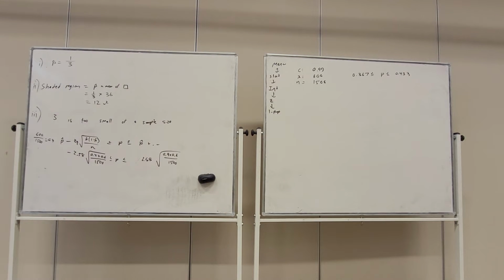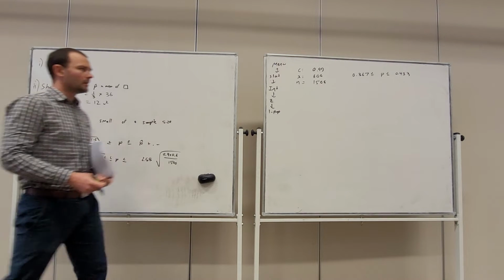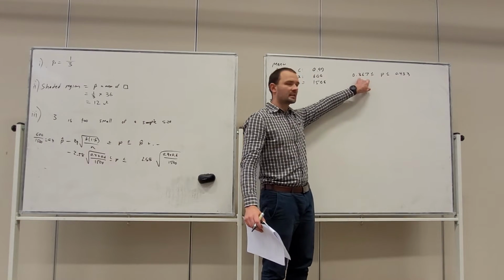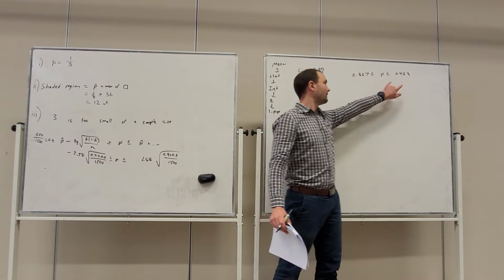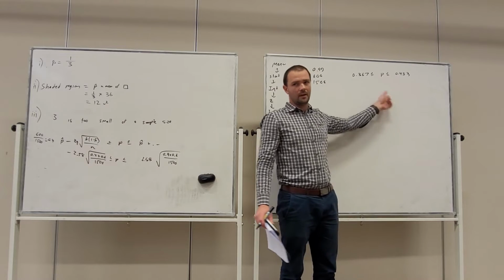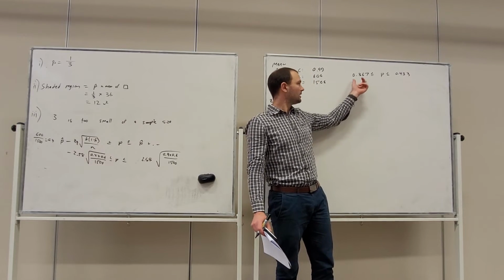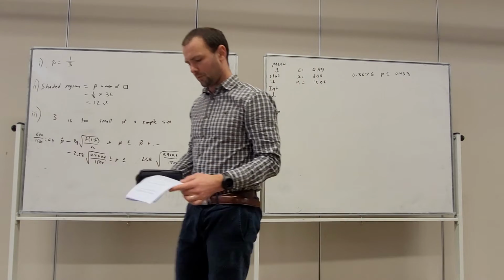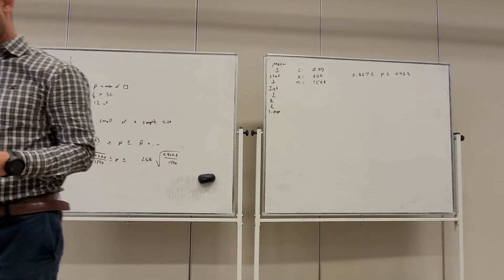Okay, so what does this confidence interval mean? It means based off of this sample of 1500, the shaded region is between 0.367 of the area and 0.433, anywhere in there. But the lowest it could possibly be is 0.367, and the highest it could possibly be is 0.433 area of the square.